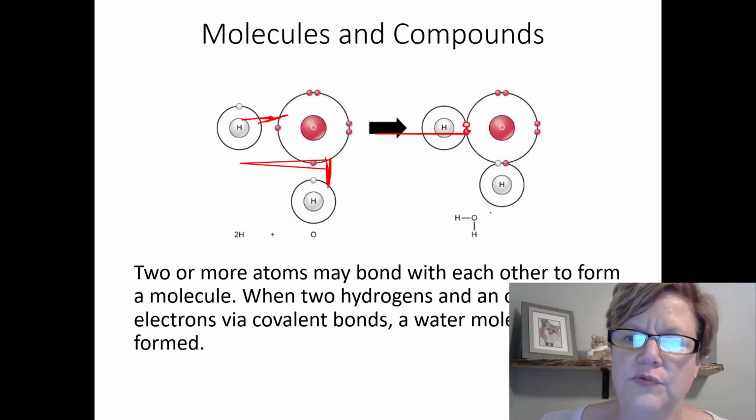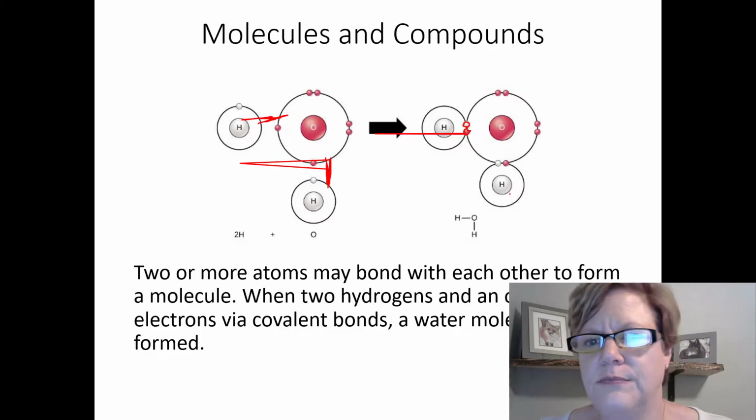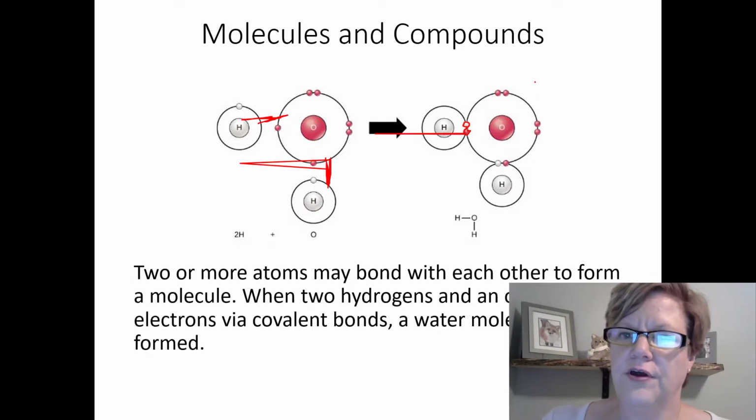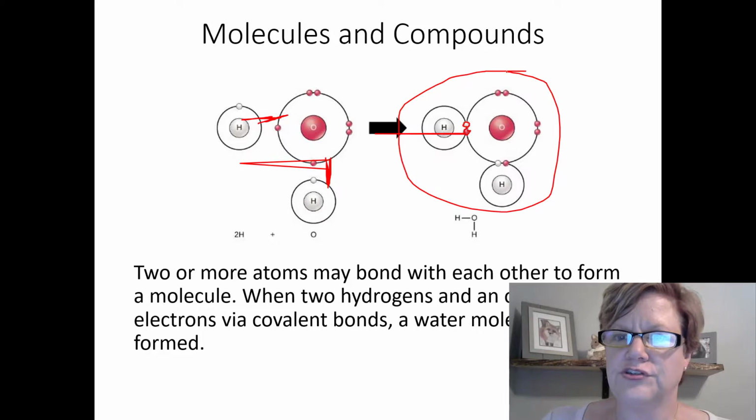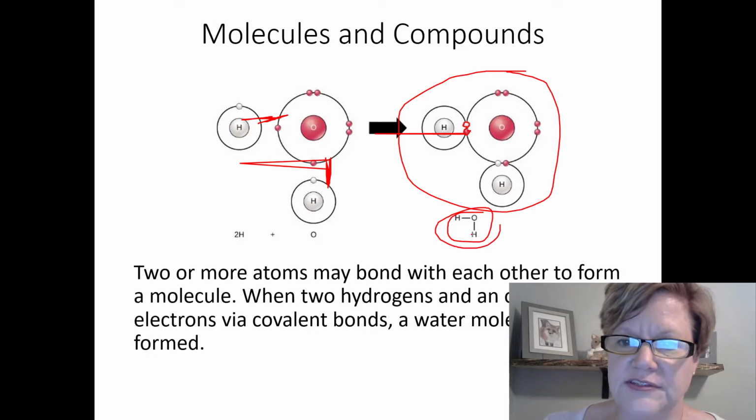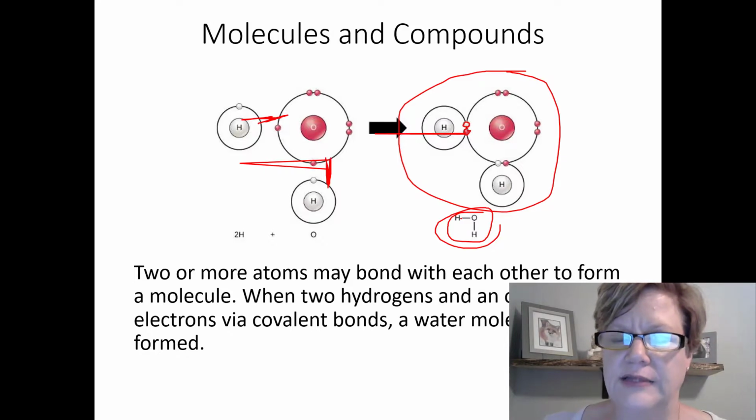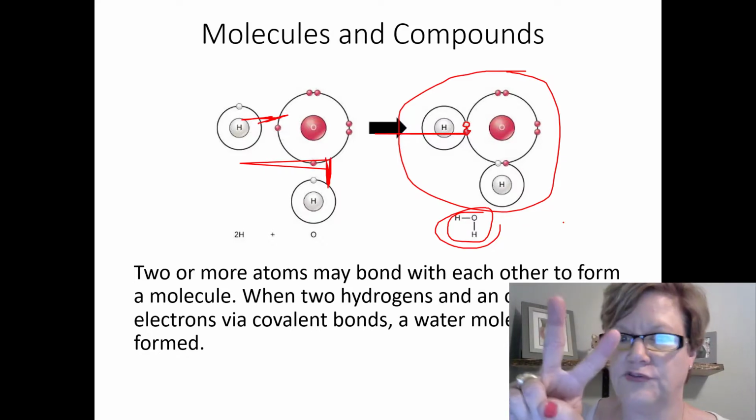And so when we draw molecules, you can draw the Bohr structure here, but that starts to get very cumbersome. And so we start drawing it like this little picture here. We just put the symbol for the element. Hydrogen is H, oxygen is O, and then a straight line indicates 2 electrons.